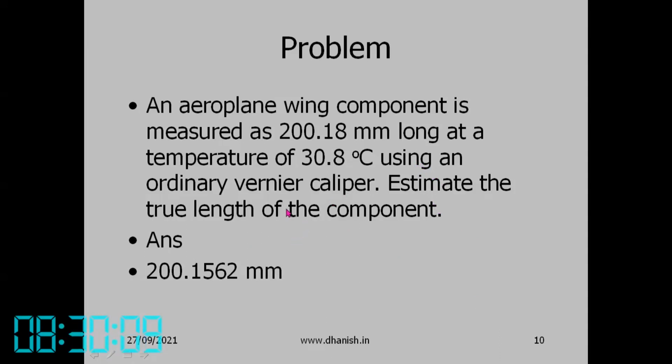So, alpha for steel versus alpha for aluminum. The difference has to be taken. Alpha for aluminum will be bigger. So, alpha aluminum minus alpha steel has to be taken as the coefficient of thermal expansion in this case. Okay, so please try it for yourself and verify the answer.